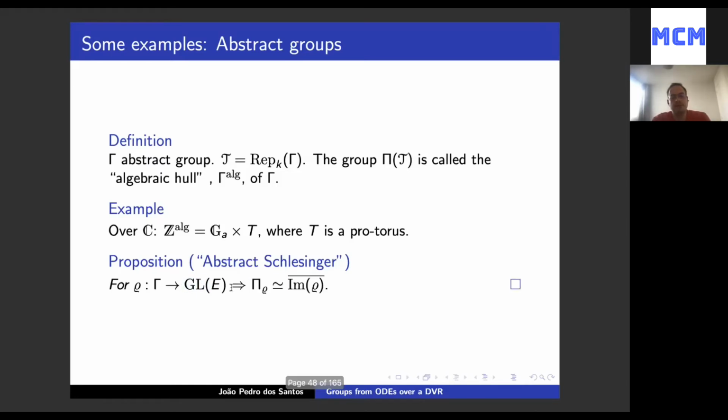What happens is that the Tannaka Galois group is just the closure of the image. This will play a role in a second when I go to study the geometric parts. Let me give you geometric examples of T.